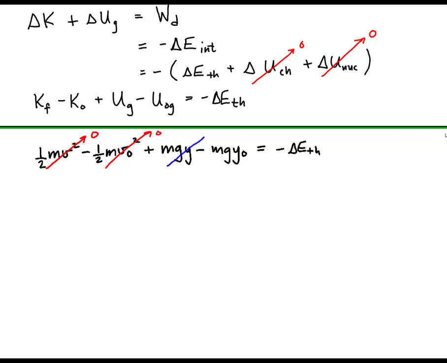I'm also calling y is equal to some final value h. So we have the change of thermal energy due to air resistance is equal to mass times gravity, the initial height of the ball, minus mass times gravity, the final height of the ball.